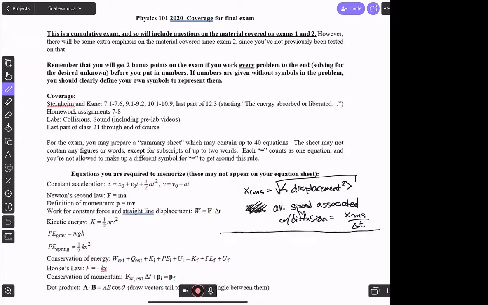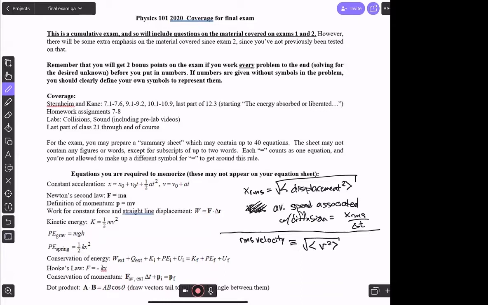Really separate from that, and again, in this course, we haven't used this term, and I won't use it on the exam, but you might encounter it in a different context. The RMS velocity is defined to be the square root of the average of the magnitude of the velocity squared.